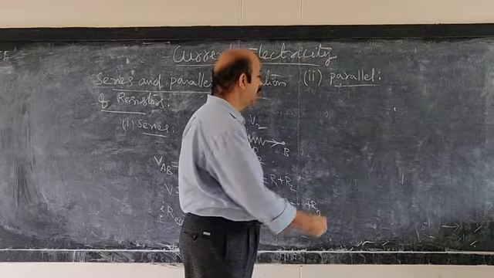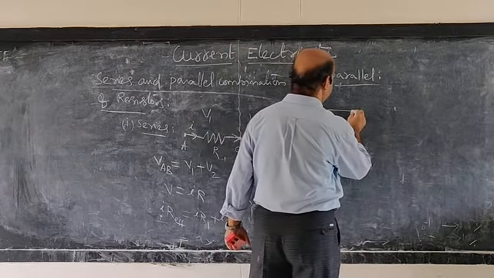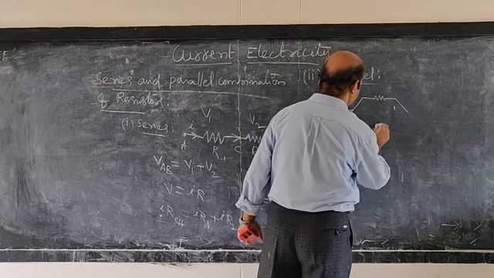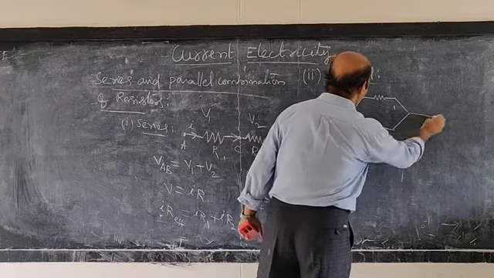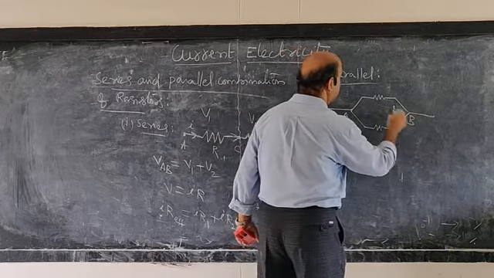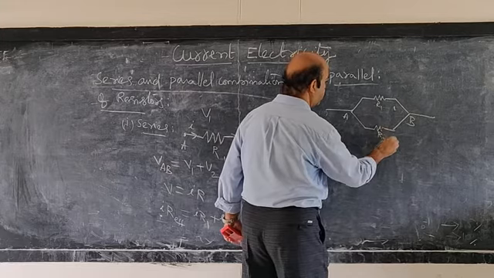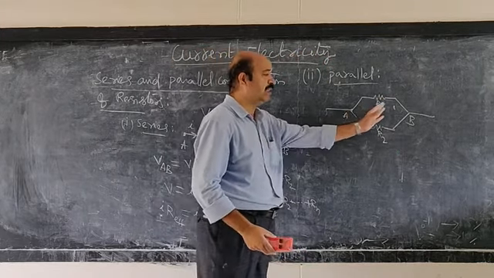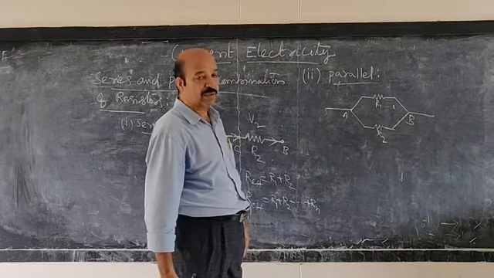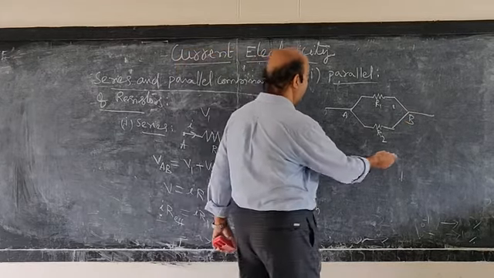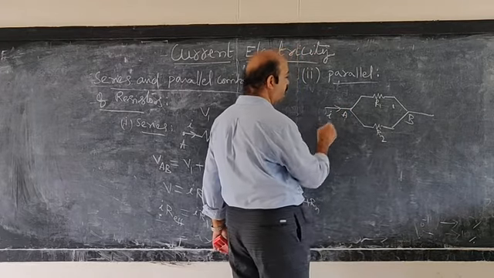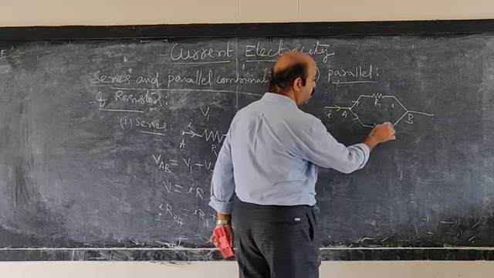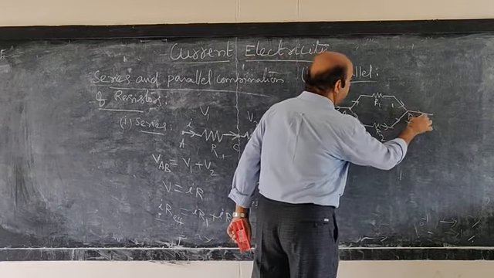In parallel connection, the resistors are joined like this. Between 2 points, suppose these are the 2 resistors. One end of the resistors is connected to one point, the other end to another point. Here, suppose a current I passes through, we call this a junction. The current branches out and comes out.